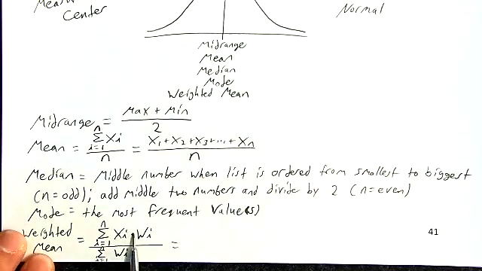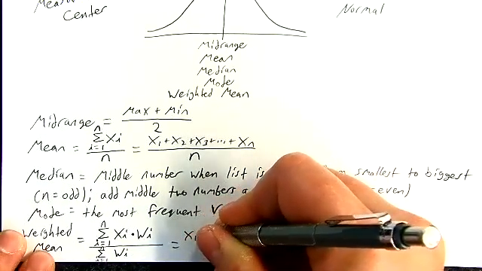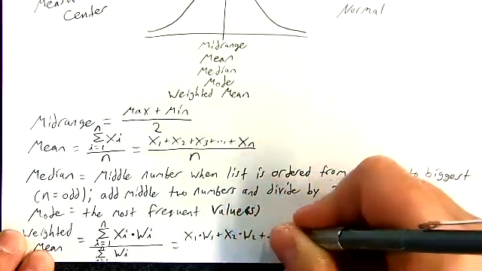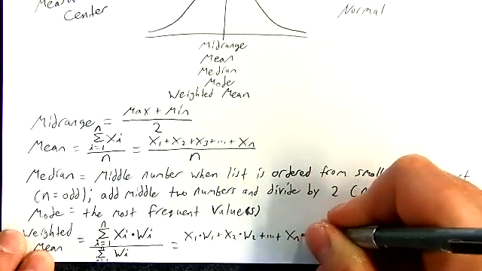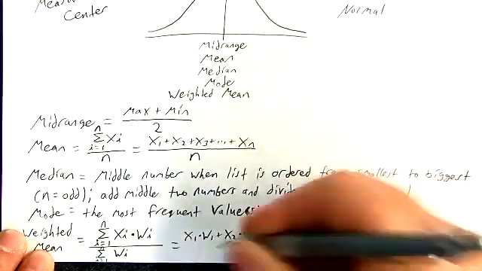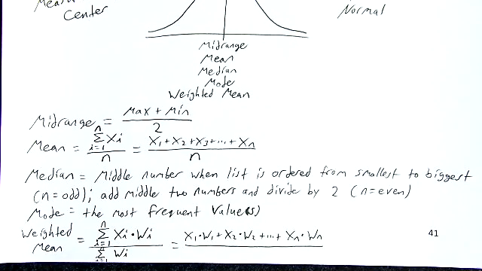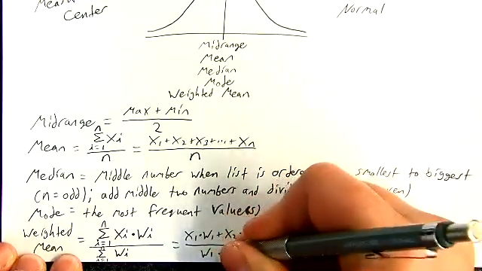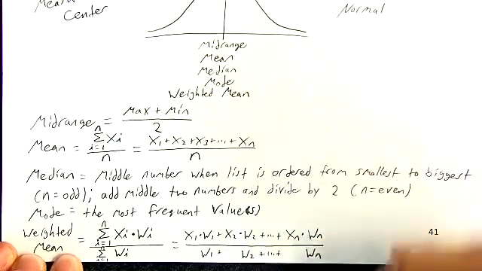So I take xi times wi, and we're going to replace these i's with 1, then 2, then 3, etc. So it'd be x1 times weight 1 plus x2 times weight 2 plus ... pattern repeats, xn, the last number in your list, times weight n, all divided by the sum of the weights, which are just these w's. So w1 plus w2 plus ... plus wn.